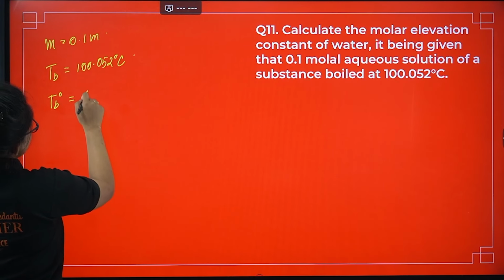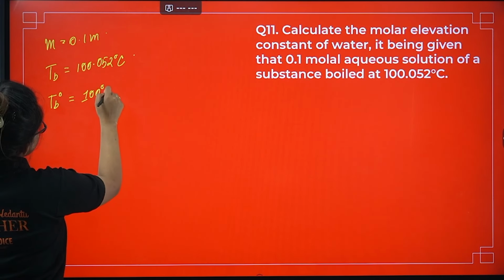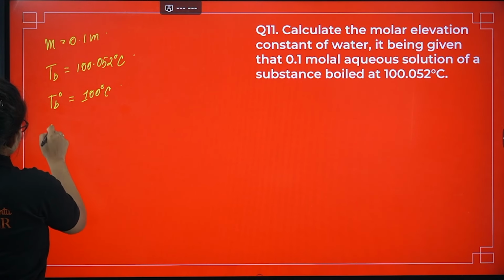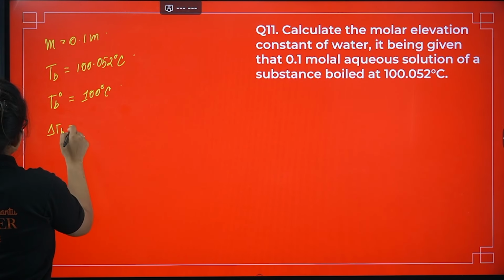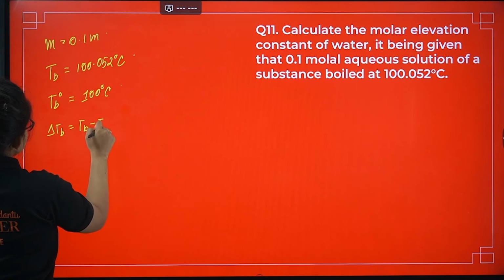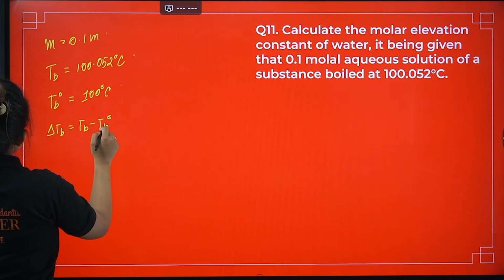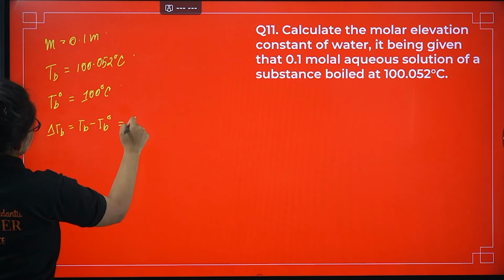Tb naught for water is definitely going to be 100 degrees Celsius for pure water. So delta Tb is Tb minus Tb naught, which is going to be Kb into m, right?